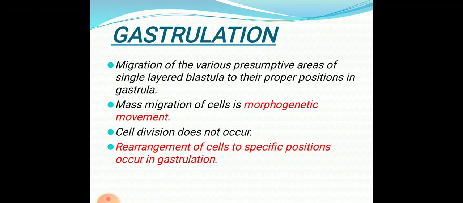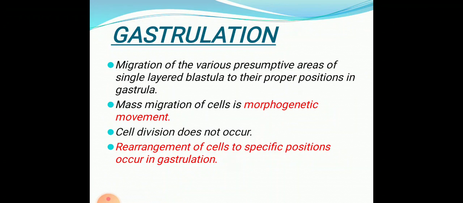Here the cell division does not occur and the rearrangement of the cells to specific positions occurs in the gastrulation. During the gastrulation the blastomeres move from one place to another place. These movements of cells or the blastomeres during the gastrulation are called morphogenetic movements.